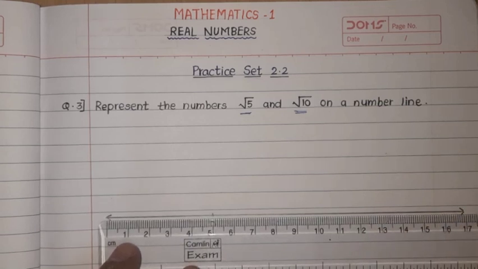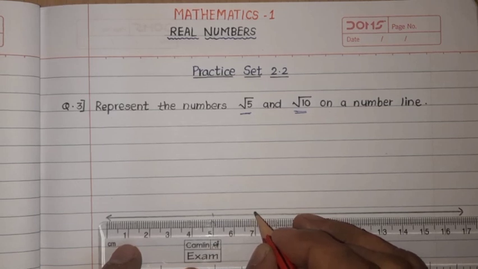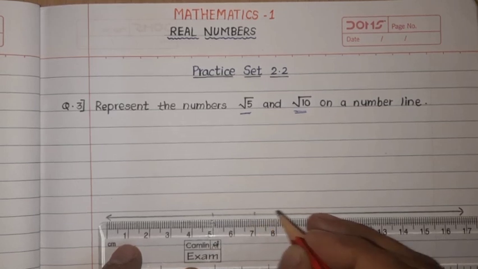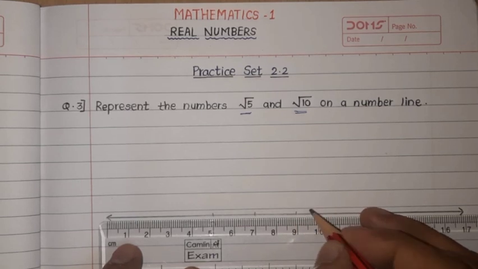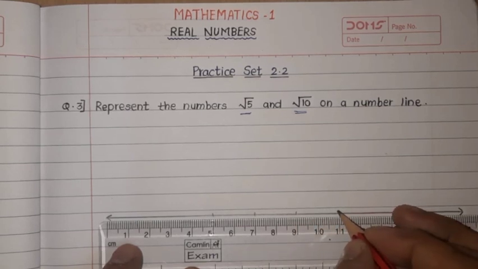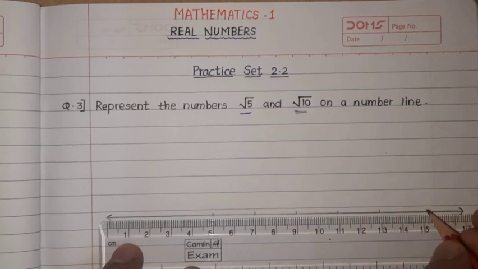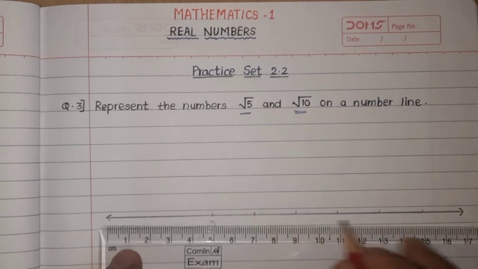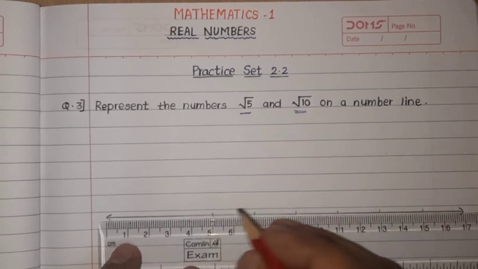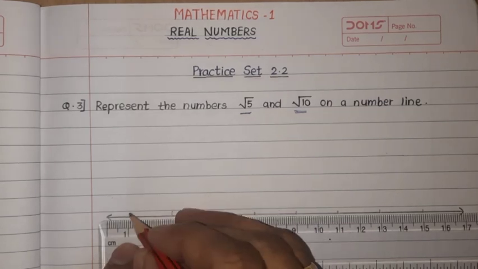Dear students, we take a 2 centimeter distance between these two numbers. Suppose these are the markings of 2 centimeters. We can take 1 centimeter, but we have to take uniform distance everywhere. It may be 1 centimeter, it may be 3 centimeters, but for our convenience we are taking it as 2 centimeters.